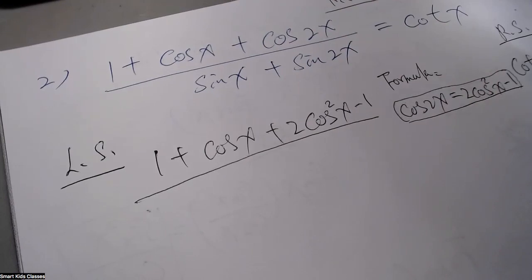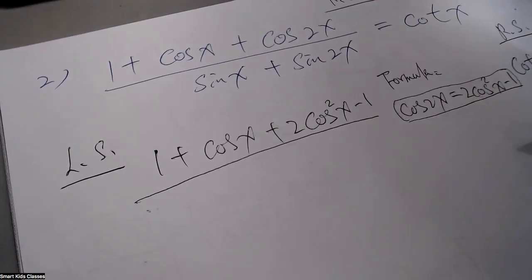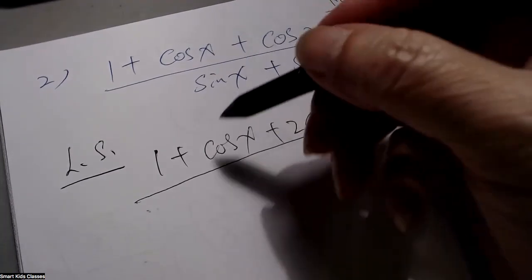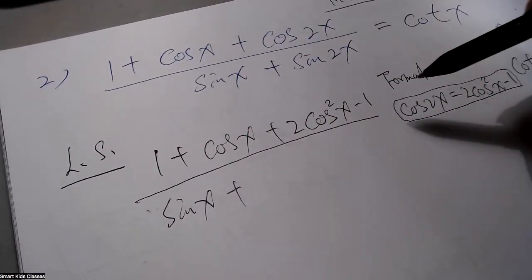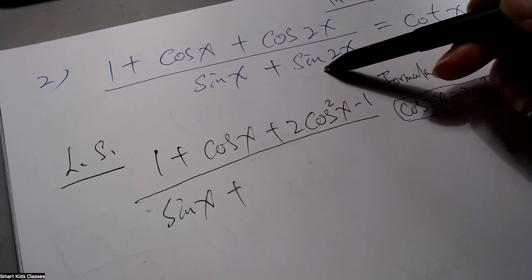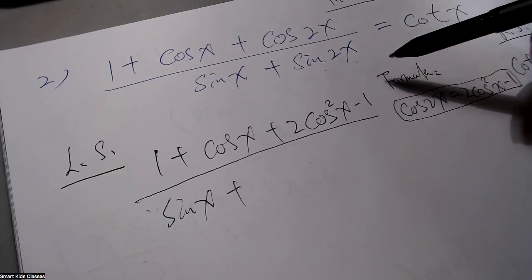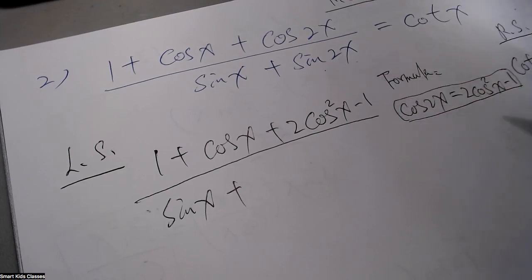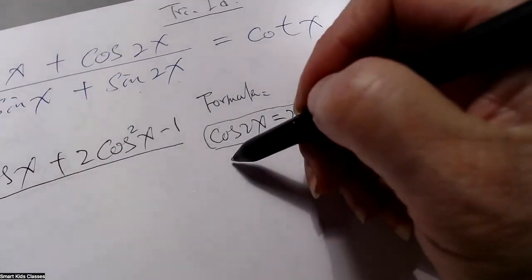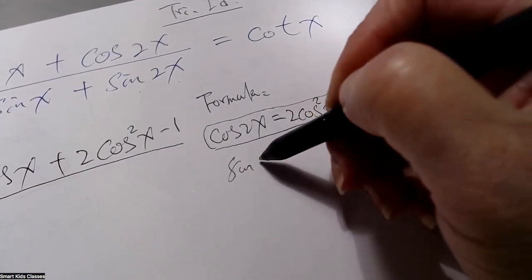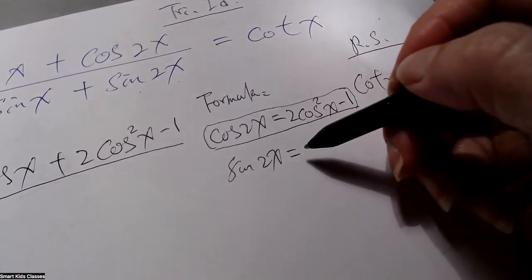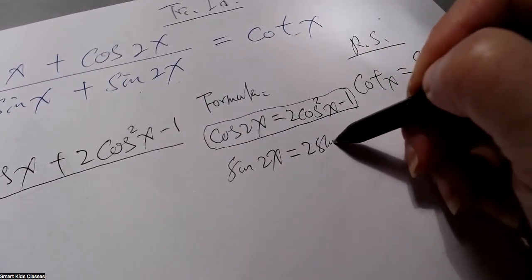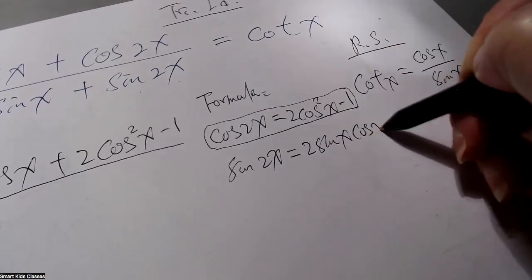And then over sine x, we add sine 2x, which also has a double angle formula. I write the formula here: sine 2x is equal to 2 sine x cosine x.